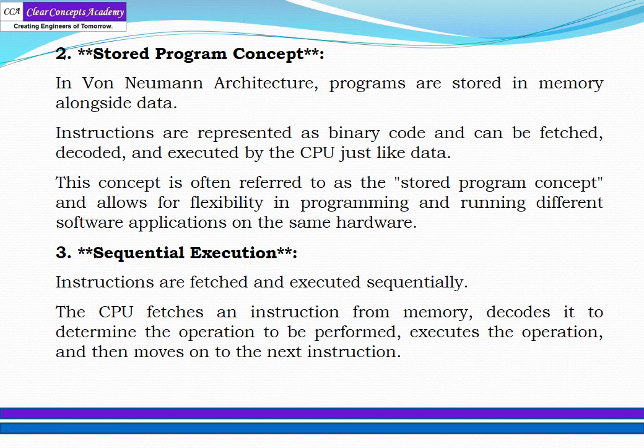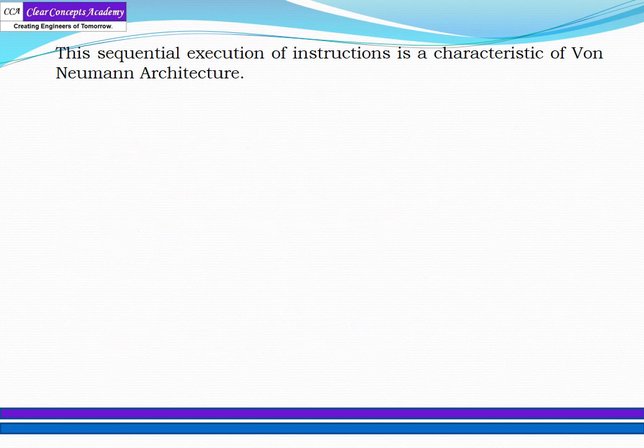Here in this case, first the instruction will be fetched, it will be decoded and then it will be decided what operation is to be carried out. Then the data to be operated on will be fetched and after execution of one instruction, the next instruction will be called. This sequential execution of instructions is a characteristic of von Neumann architecture.